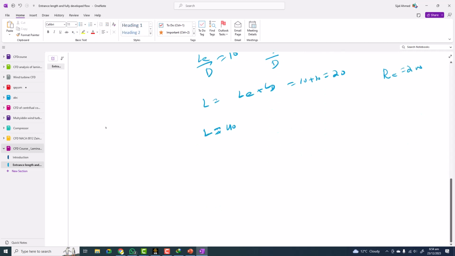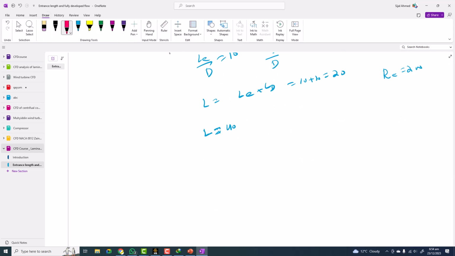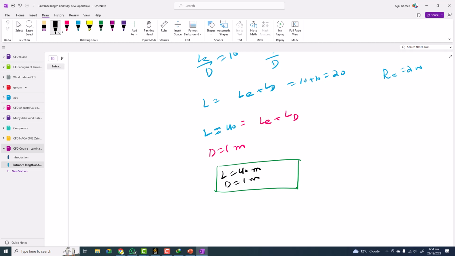So that's why we are taking the length as equal to 40 meters, and this length is the combination of the entrance length plus the length of the fully developed flow. The diameter is equal to 1 meter. So for the whole pipe, the L by D ratio is 40.